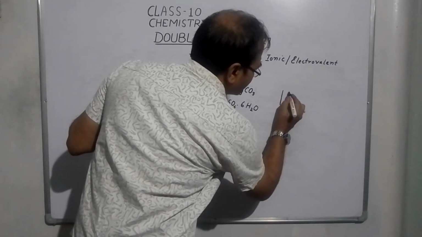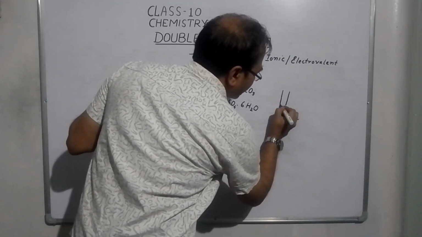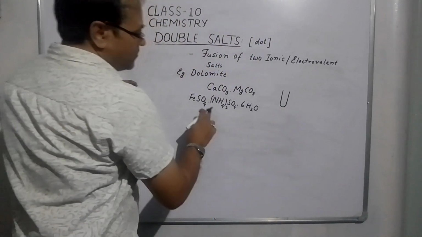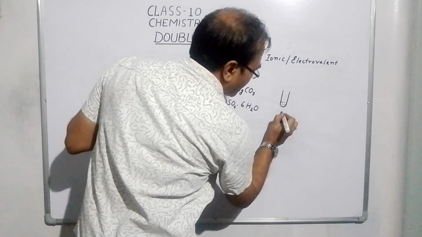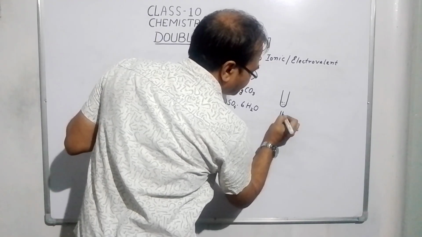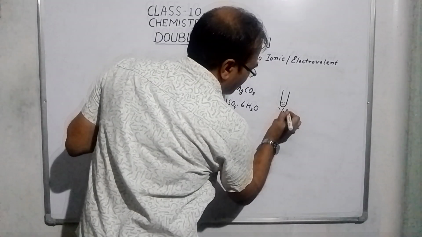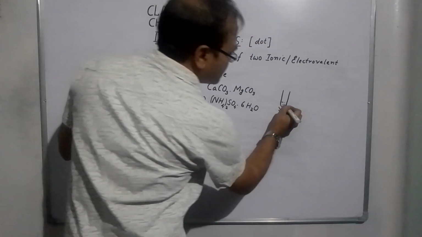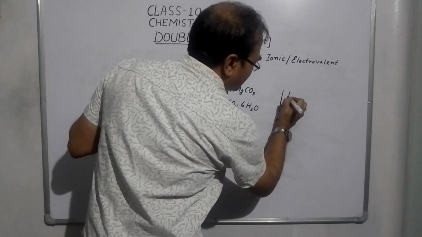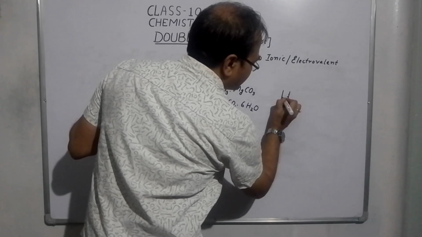You take a dry test tube. You transfer this ferrous ammonium sulfate here and you go with the burner. You provide thermal heat. So what happens? After some time you will get droplets of water here.